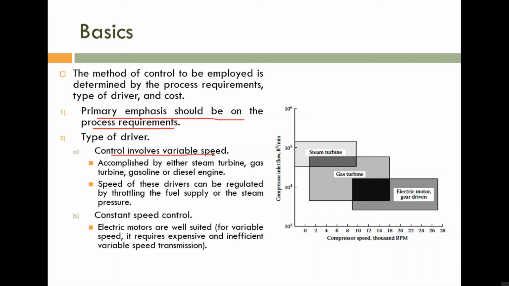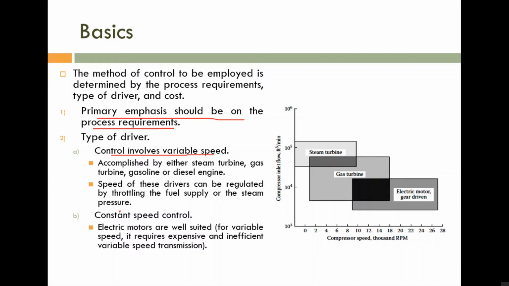As we already saw with pumps, if we want to vary the speed, first we have to know the motor type, how we are driving that compressor. If you are using a steam turbine, gas turbine, etc., then we can change the speed by throttling the flow rate of the steam. We drive a steam turbine using steam, and use that turbine to operate the compressor.